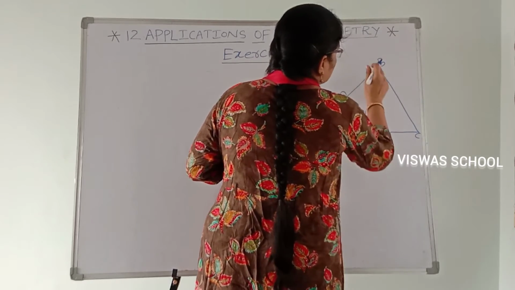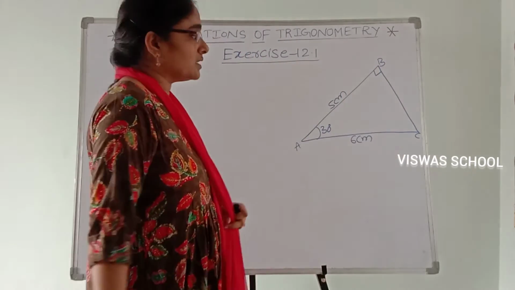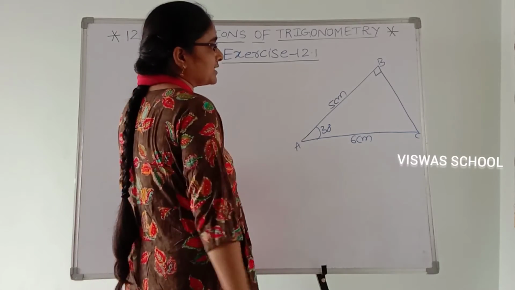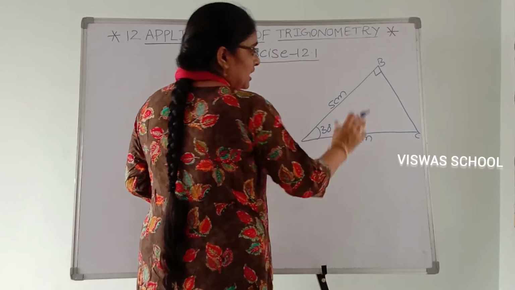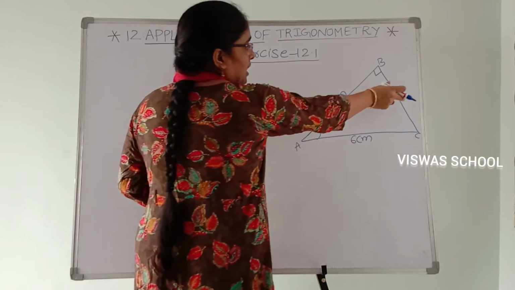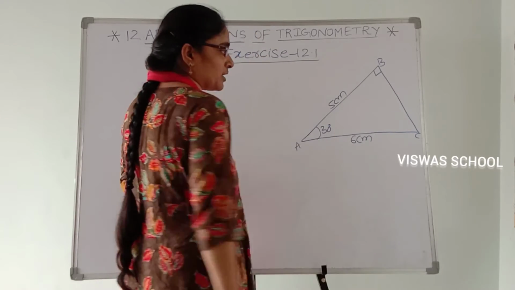It is not mentioned, but it is 90 degrees. To this 30 degrees, this is the opposite side and this is the hypotenuse.